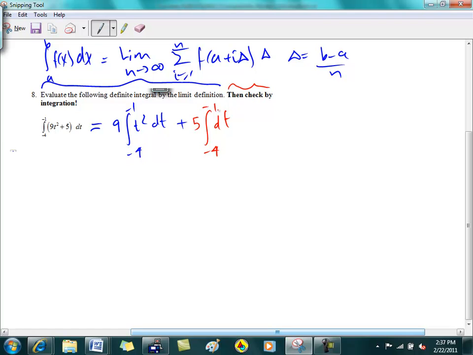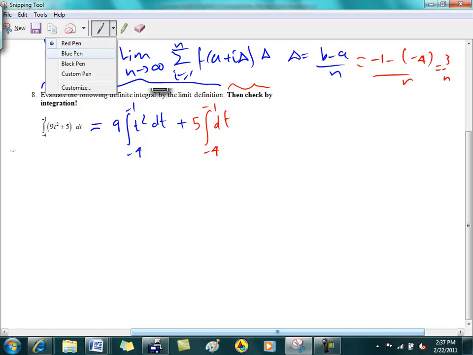And I'm going to work on this problem separately. Noticing that delta is going to be b minus a, so b is minus 1, a is negative 4, over n, so delta becomes 3 over n, okay, for both the integrations.